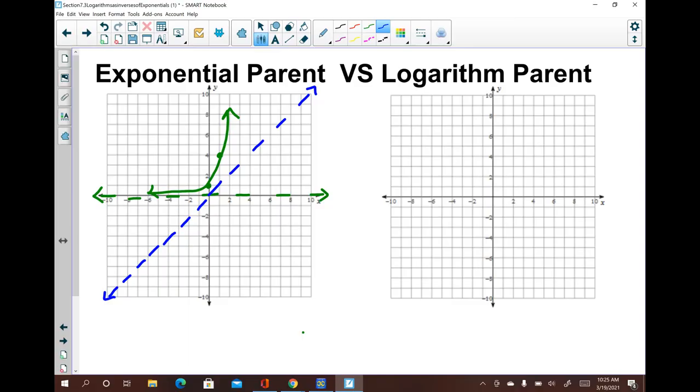Our horizontal asymptote becomes a vertical asymptote right here. The point 0, 1 becomes the point 1, 0. The point 1, 4 becomes the point 4, 1. And we're looking at an elbow shape kind of like this. It has the same properties that our exponential parent did, where we never touch that asymptote, but we get super, super, super close.